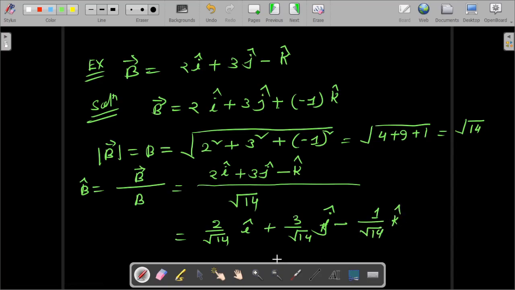This way you get the unit vector in the direction of a given vector.